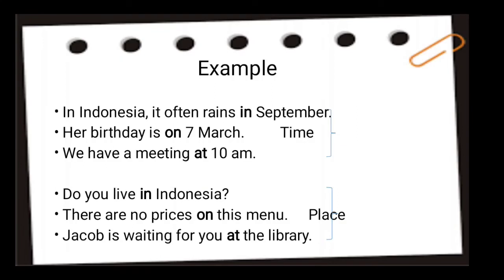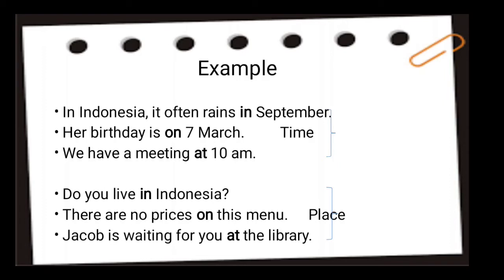And here I have some examples to make sure that you understand how to use in, on, and at as prepositions of time and place. The first, in Indonesia, it often rains in September.